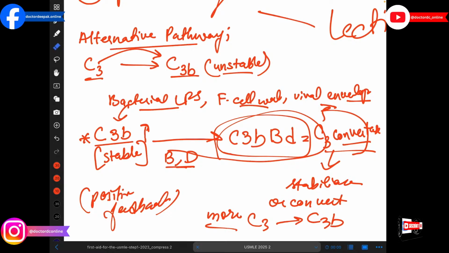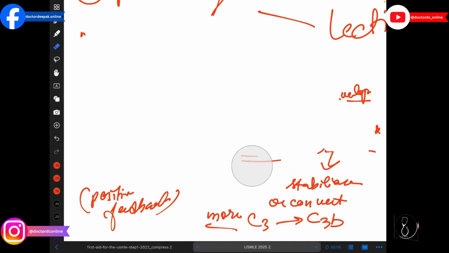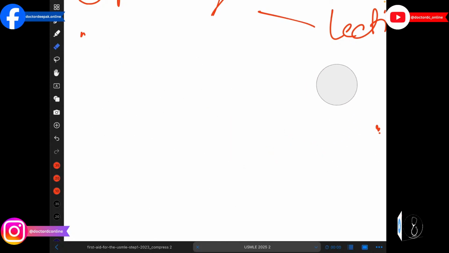Understand? Now we are going to move to our next pathway, and the next pathway is the lectin pathway. The lectin pathway is simply the mannose binding lectin.